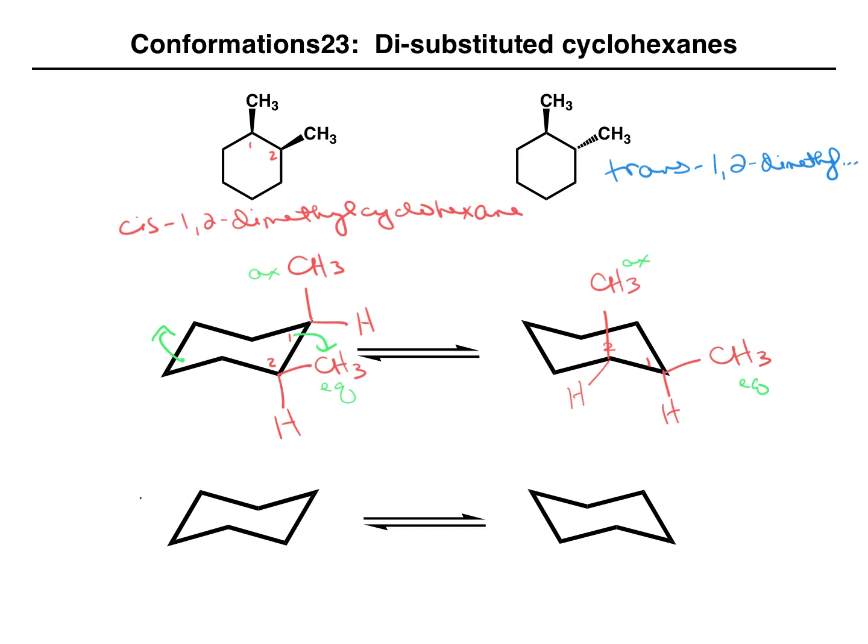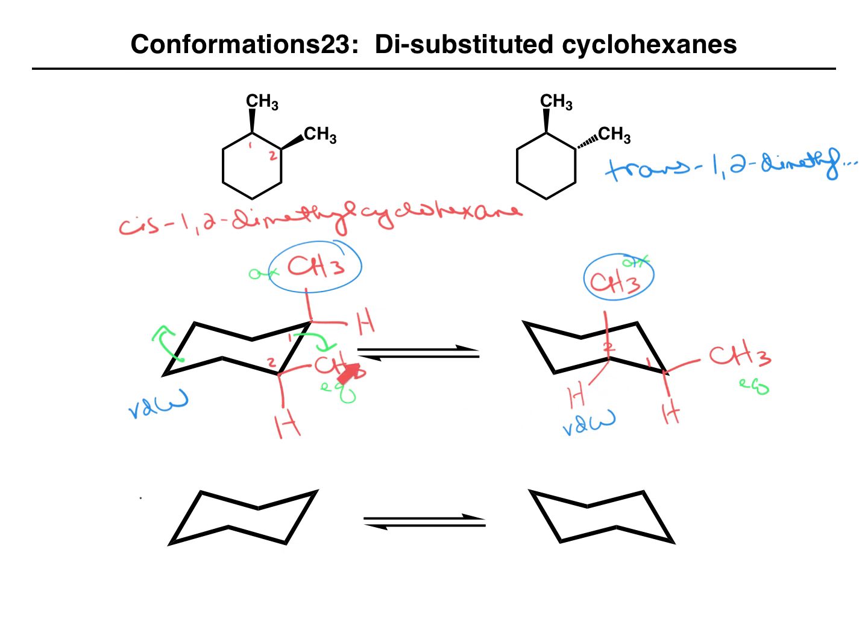Now, let's think about the differences between these conformations. On the left, we have one methyl group axial, so that means we have some 1,3 diaxial interactions so we have some van der Waals strain. In our conformation on the right, we again have one methyl group axial, so we have some van der Waals strain. In both cases, we're talking about a methyl group, so the amount of strain in both conformations is exactly the same.